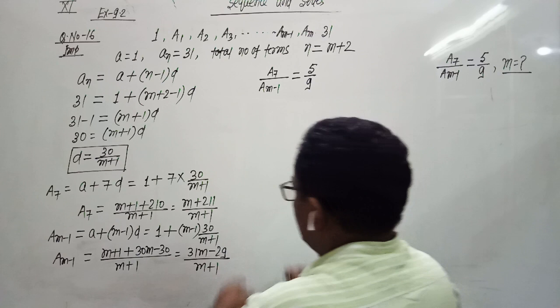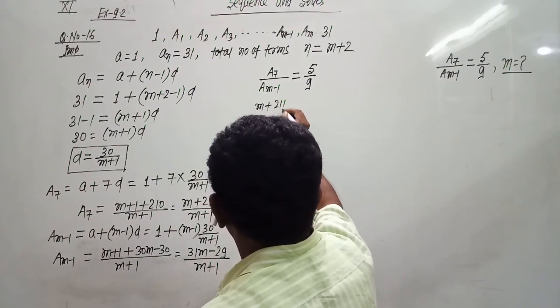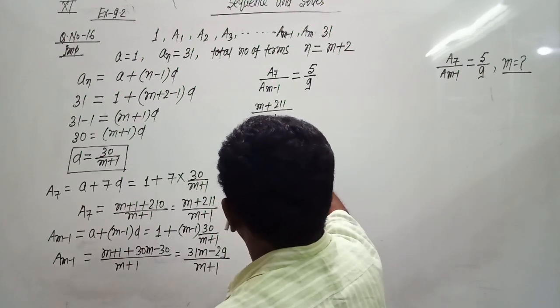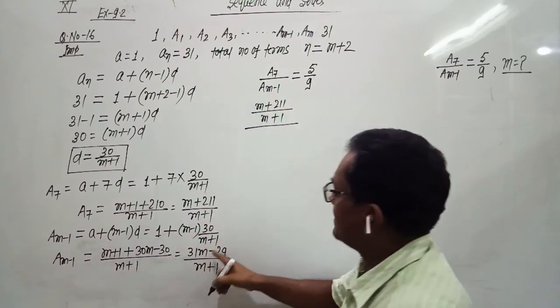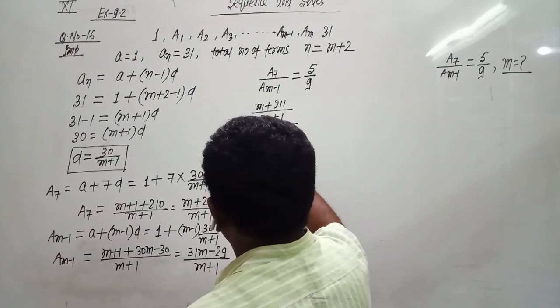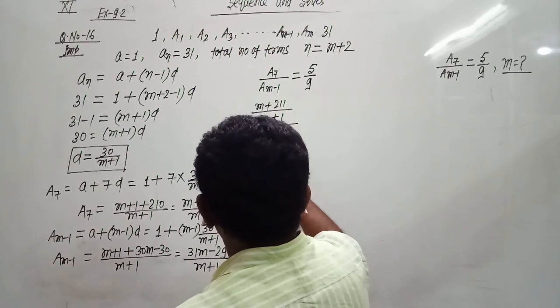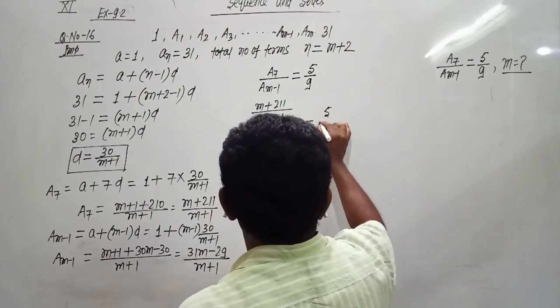The value of A7 is (m plus 211) upon m plus 1, upon the value of A(m-1), which is (31m minus 29) upon m plus 1, and this equals 5/9.